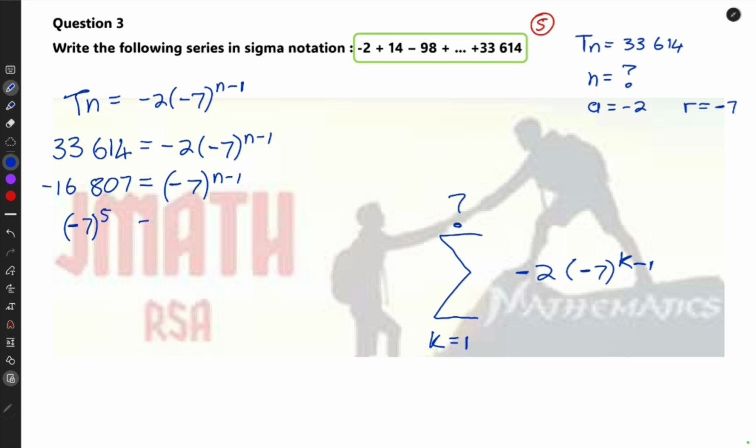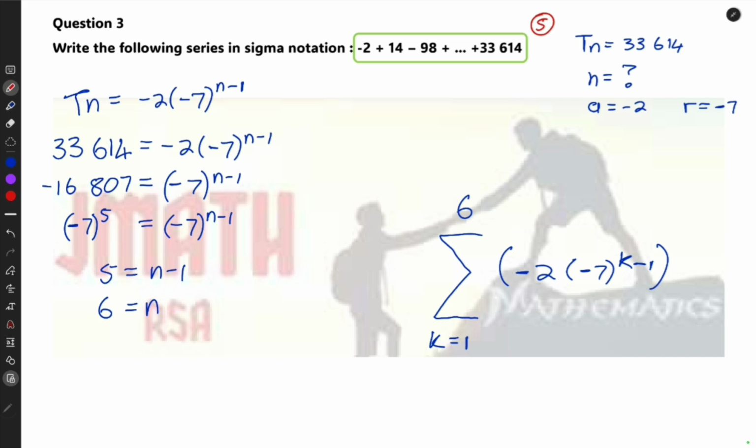We know it was negative 7 to the power 5. And there we go. Now I can see that 5 is equal to n minus 1, so n is equal to 6. To write this in sigma notation, I start at 1 below the sigma, I am going to end at the 6th term, and that is my Tn formula. You can put this in a bracket if you want, but that would give me full marks.